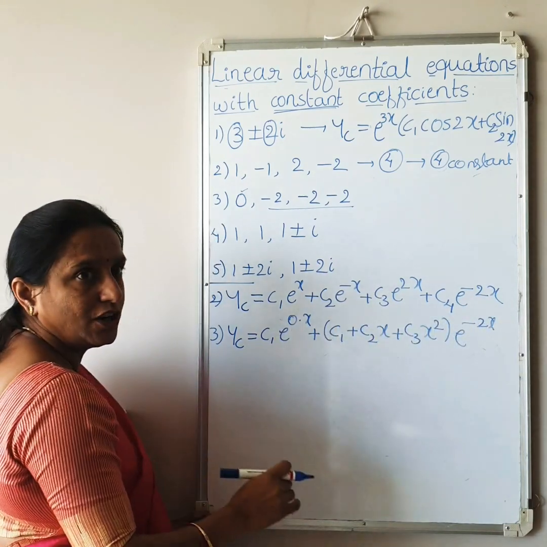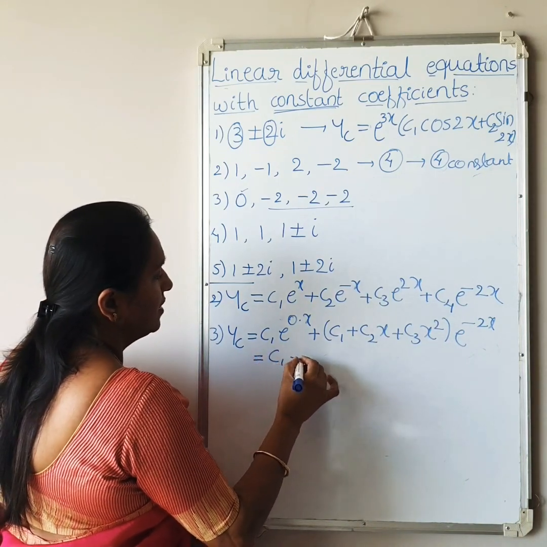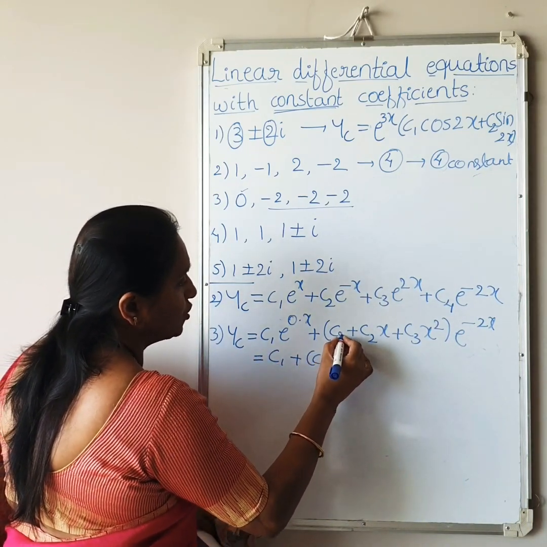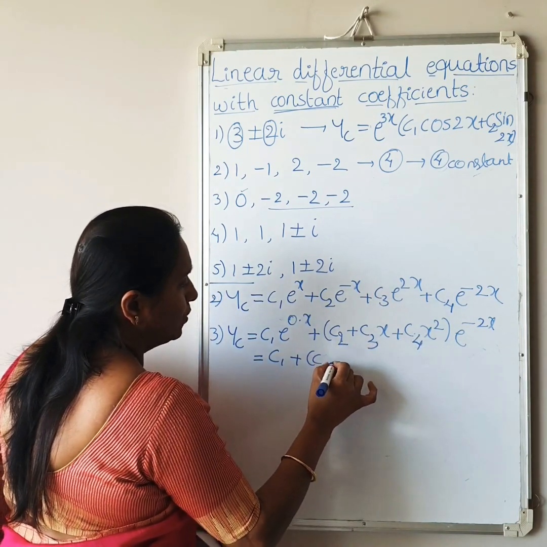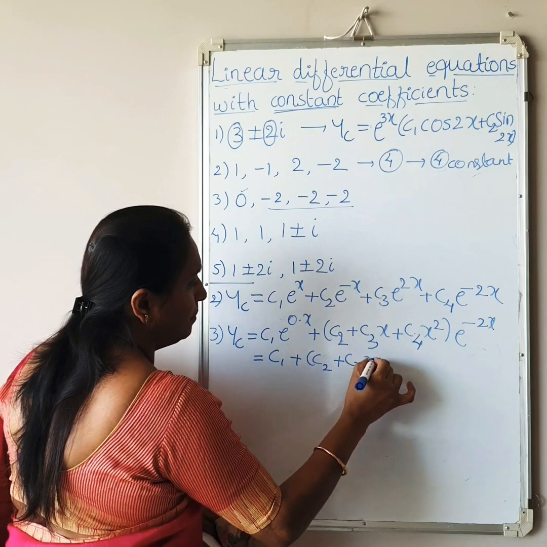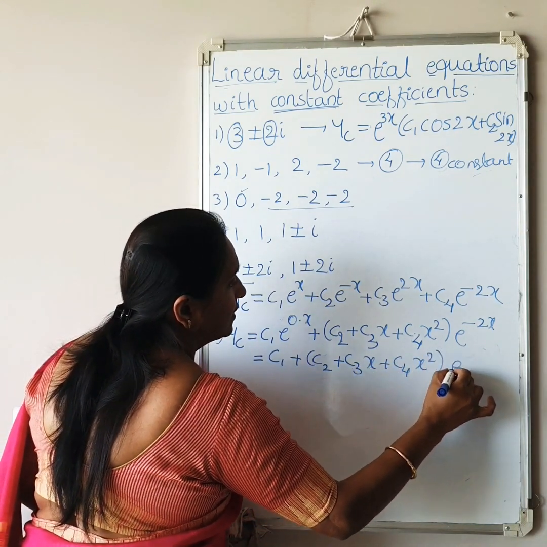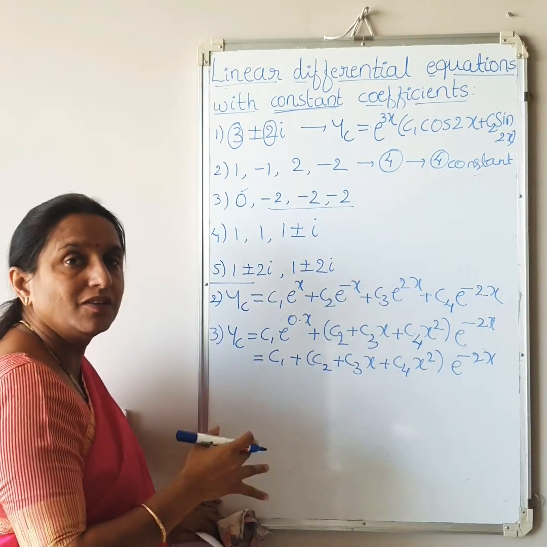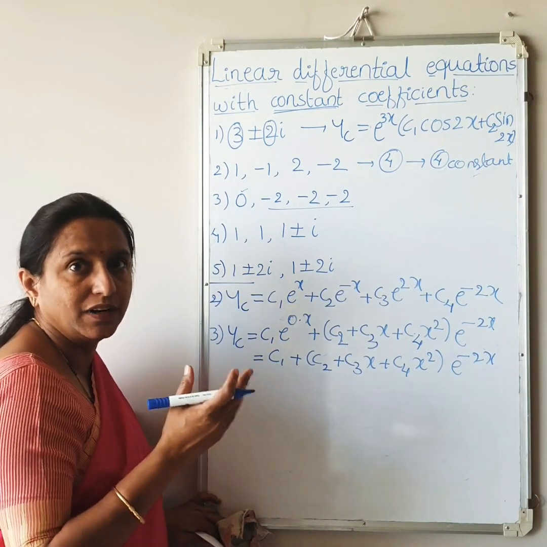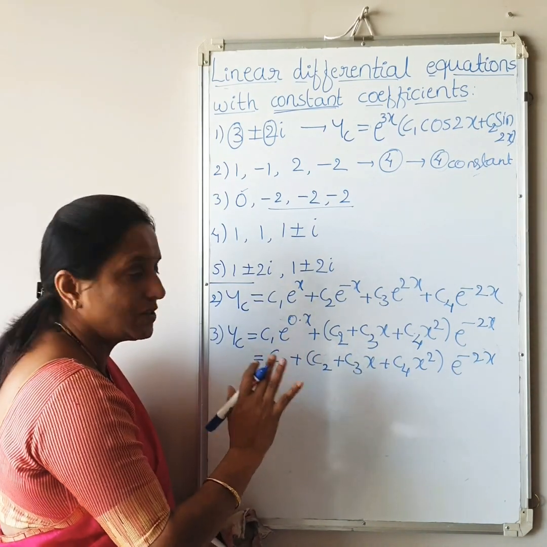Anyhow, e raised to 0 into x is 1, so it is c1 plus, here it should be c2, c3, c4: c2 plus c3x plus c4x square. Always take care that the same constant should not repeat in the solution because their values may be different. They are arbitrary constants, so don't repeat the same constant.